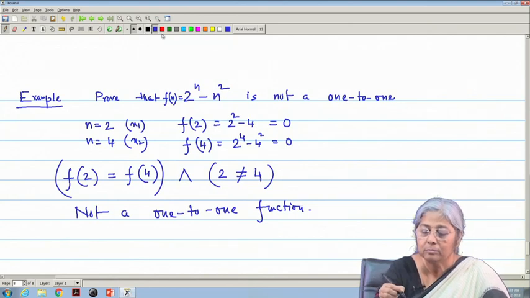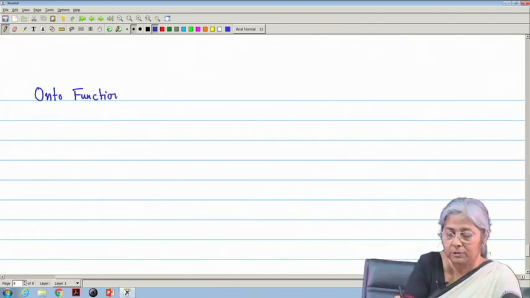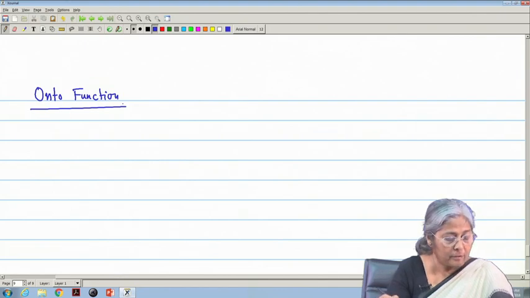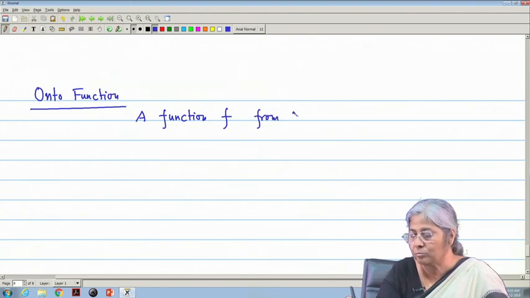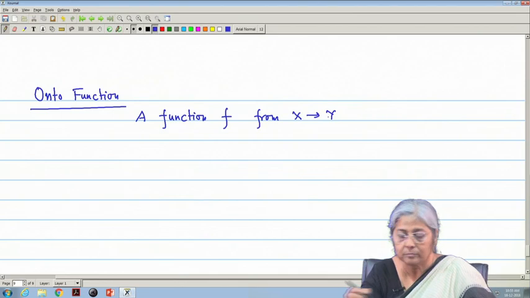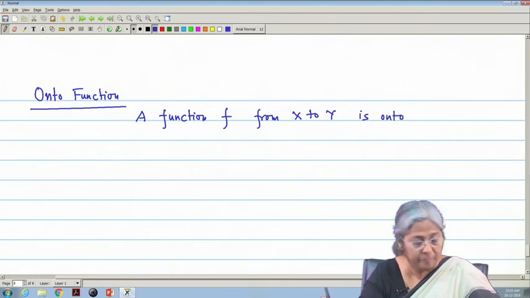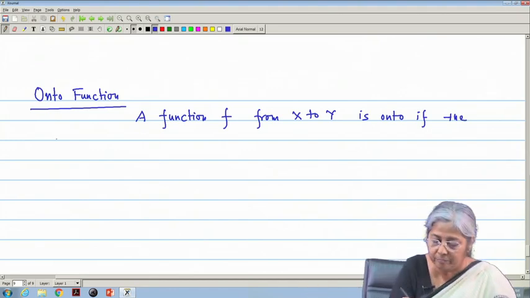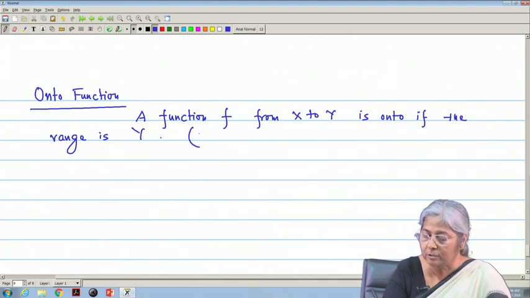Okay. Now we see our onto function. We define the onto function simply like this: if a function f from X to Y is onto if the range is Y, and the onto function is called the surjective.